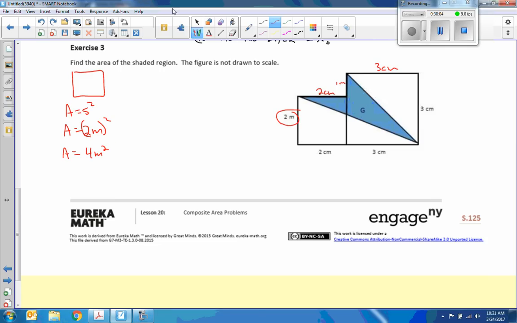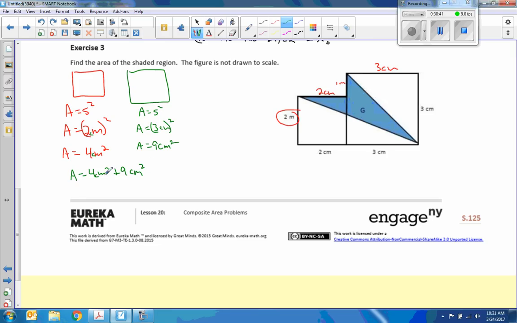Then we have a bigger square here. If we take the area of the bigger square, the area equals side squared, which is 3 centimeters by 3 centimeters. 3 by 3 is 9 centimeters squared. So the whole area of this shape is 4 centimeters squared plus 9 centimeters squared.